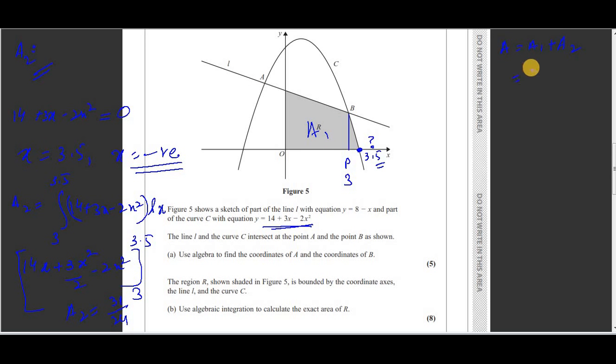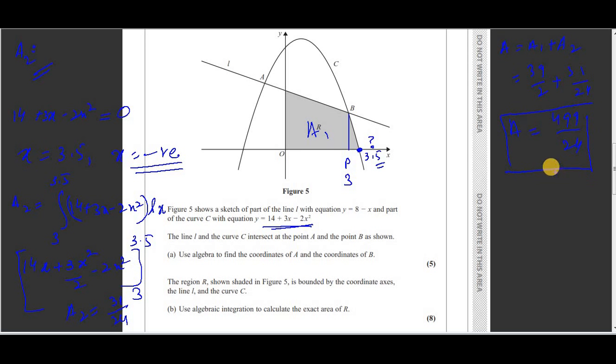A1 you have already found, which was 39 upon 2, plus A2 is 31 by 24, and if you solve this, A would be equal to 499 upon 24. This is your total area.